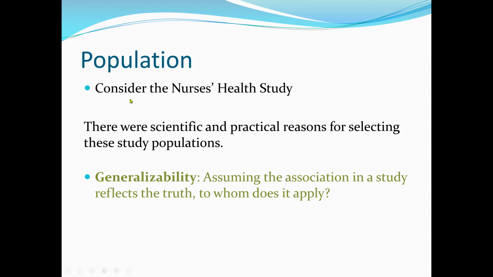So for example, we consider the Nurses' Health Study. And here we say there were scientific and also practical reasons for selecting these study populations. Also, generalization, very important. Assuming the association in a study reflects the truth, to whom does it apply? Normally in studies, we consider some participants.